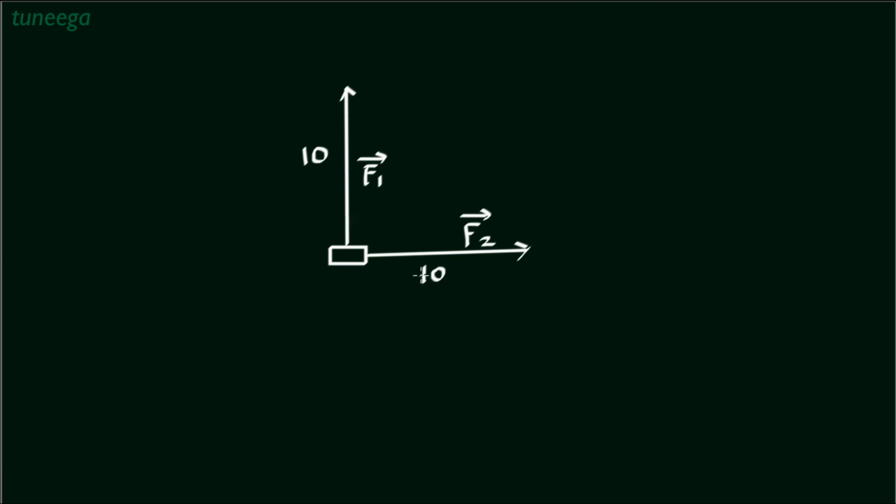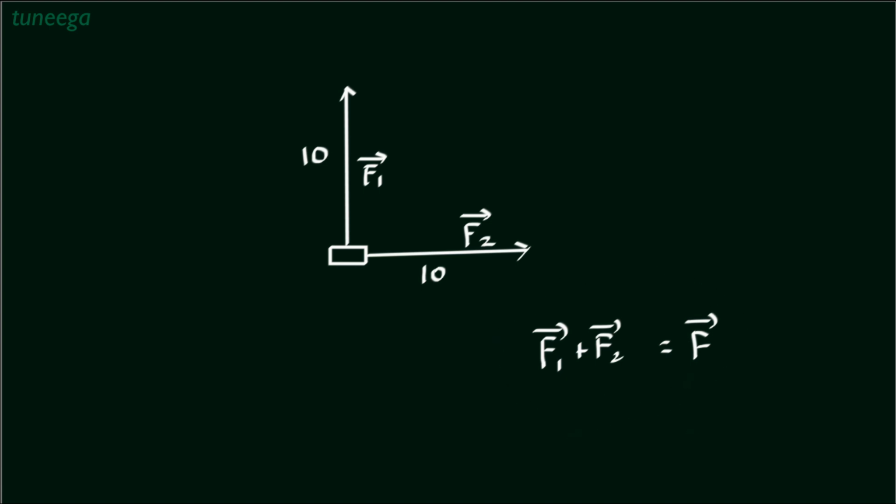Under the action of these two simultaneous forces, in which direction will this object accelerate? It turns out you have to take the vector sum of the two forces, F1 plus F2. That is, the two forces acting simultaneously are equal to a single force F, which I will now draw.